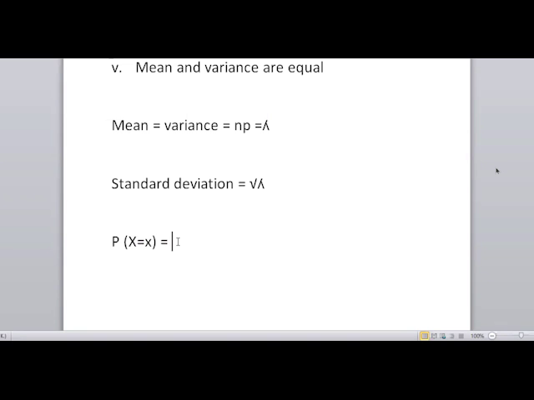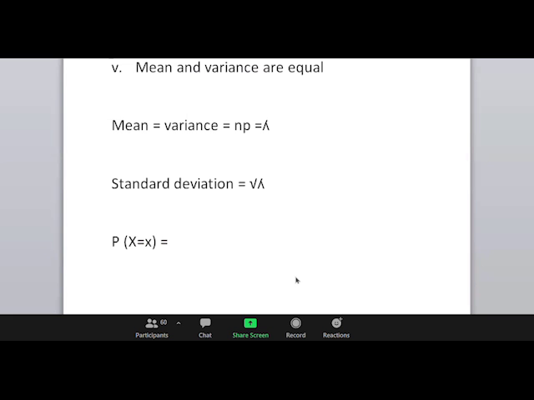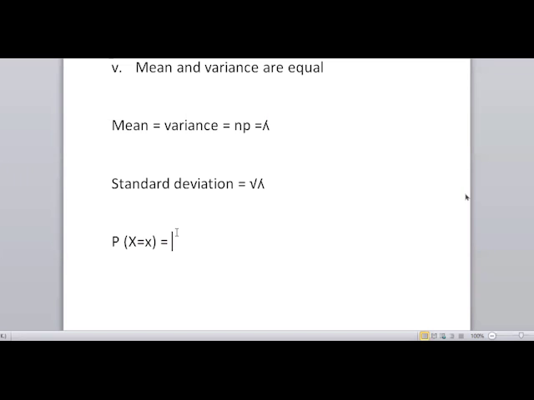The probability of a variable x is given by, okay, are we there? Yes, sir.